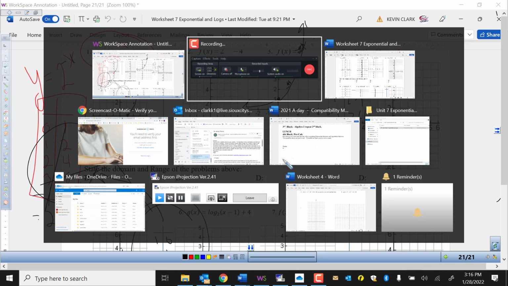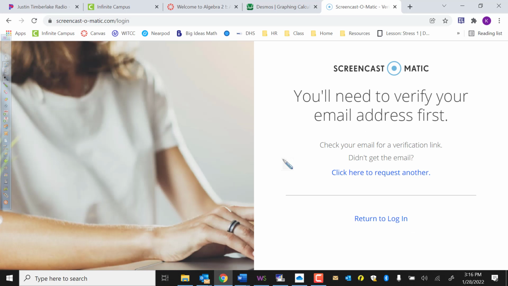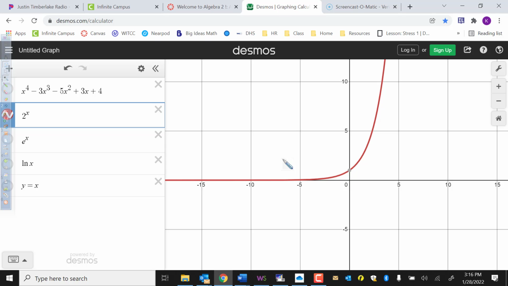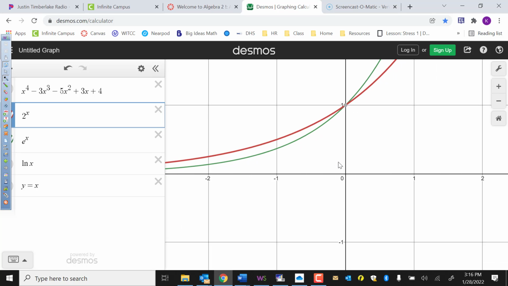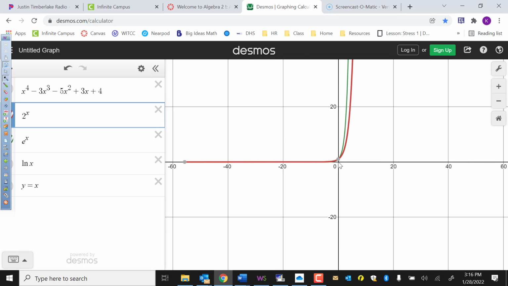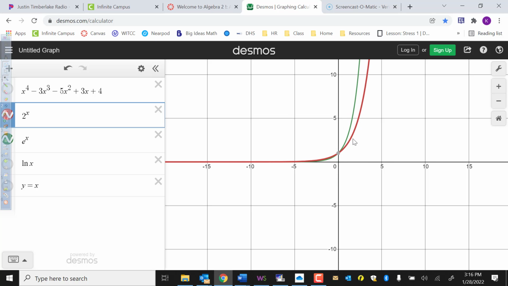So on that note, let me go over here to Desmos, and I've got y equals 2 to the x graphed right there. Here's y equals e to the x. See how they're very similar? They both cross at 0, 1, but 2 to the x is just a little bit flatter, and e to the x is steeper. So this is e to the x, and see there's my 0, 1.